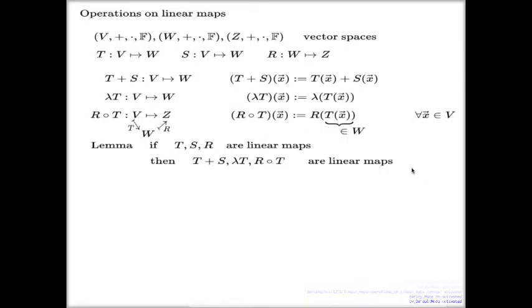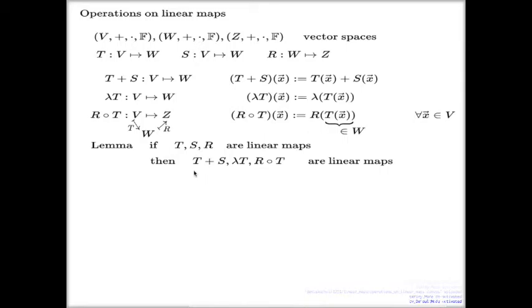I have a proof of this lemma on the slide, and if you want to see the proof in full, or if you want to produce a proof in full, you need to check those two little a and little b requirements on a linear map.